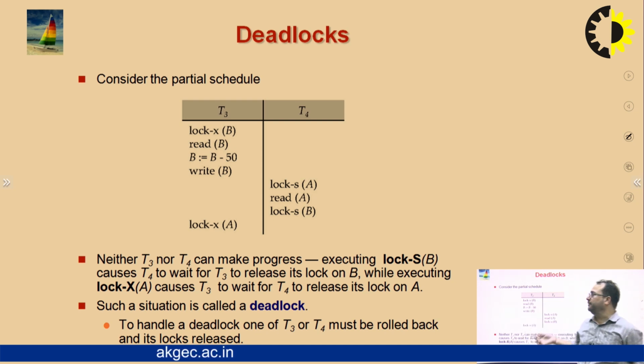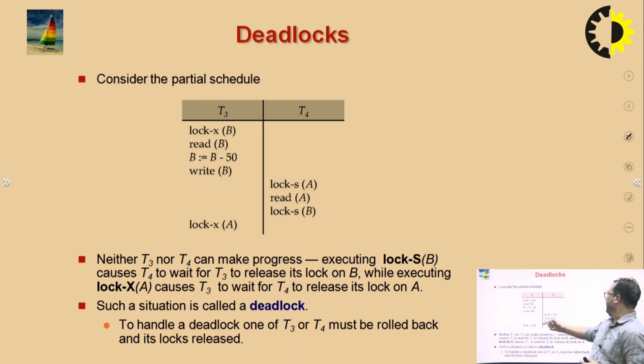If the execution sequence follows these operations mentioned here, we will see that it is deadlocked. We have the two-phase locking protocol, but it has still come into a deadlock.